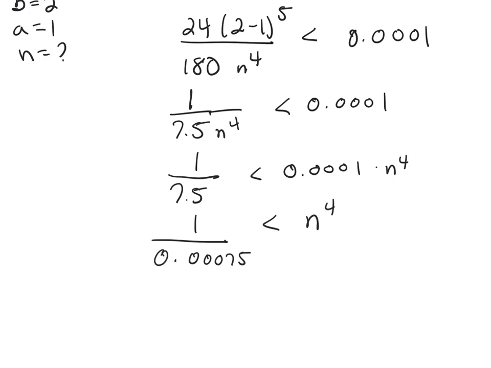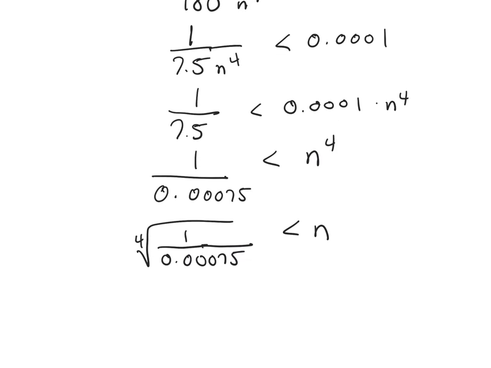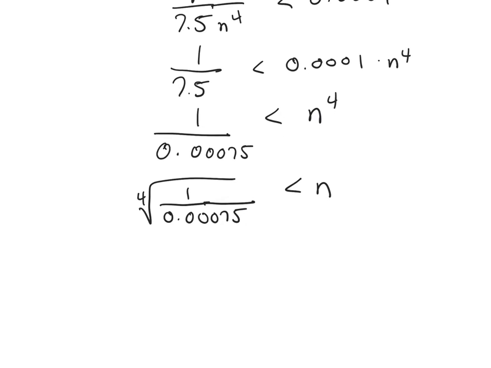Then to solve, you take the fourth root of 1 over 0.00075. This is the part where you would plug it into your calculator. N needs to be greater than approximately 6.04.